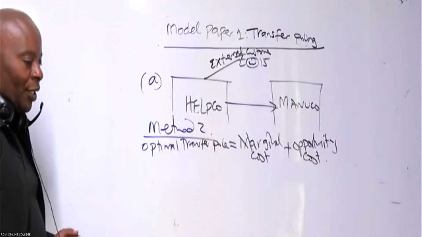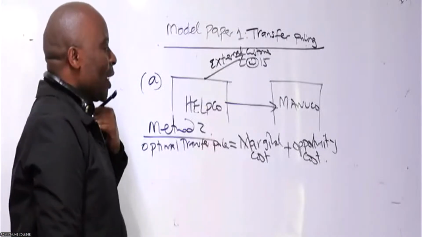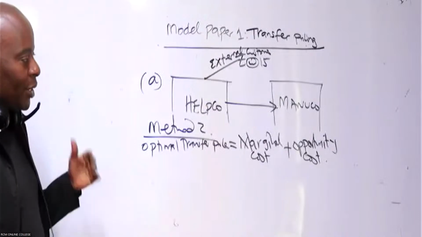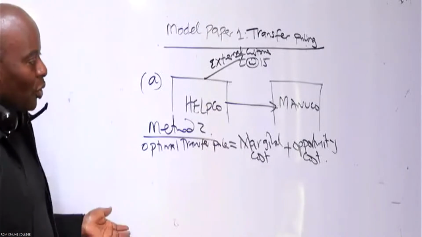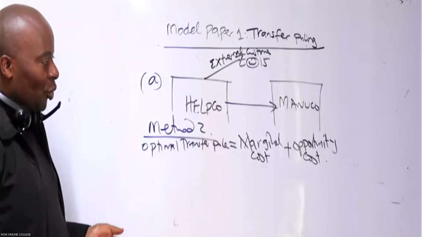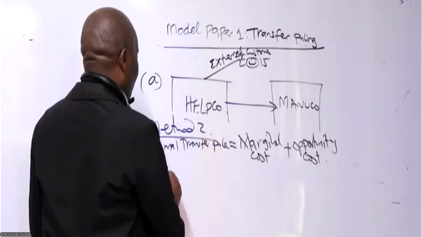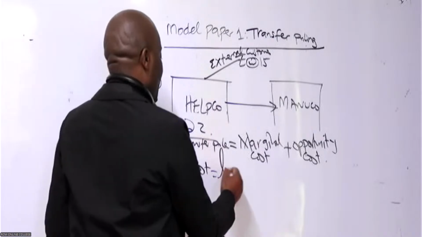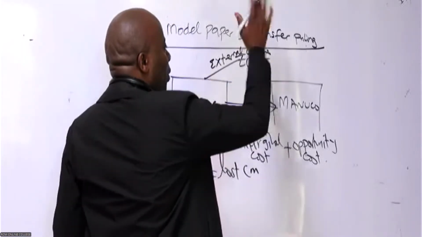This is a very good method: to get the optimal transfer price, you take the marginal cost. Marginal cost is the same as variable cost. So you take marginal cost plus any opportunity cost. Opportunity cost is a lost contribution margin, the lost contribution margin for not selling goods outside.